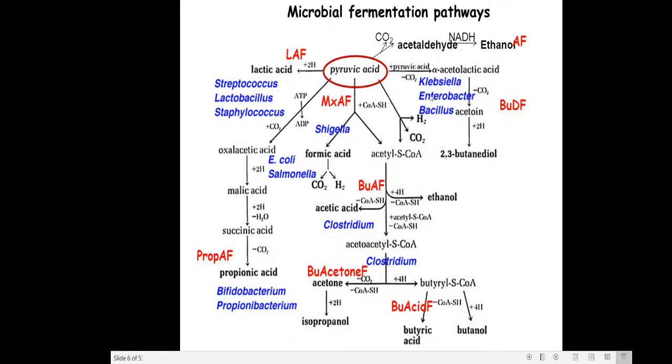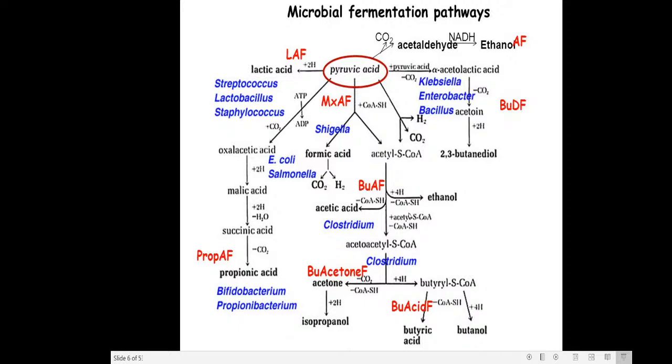And ethanol production, we all know all species, Bacillus, Lactobacillus, all species can produce ethanol. These things are the production pathway.